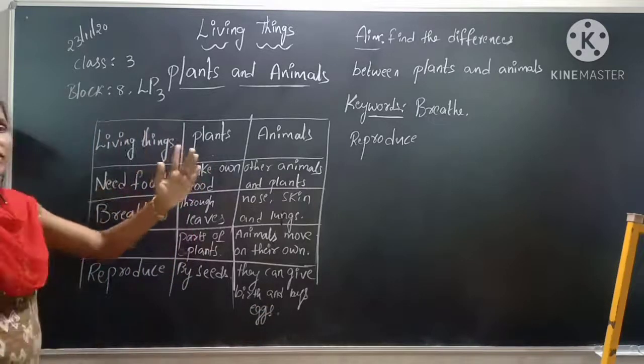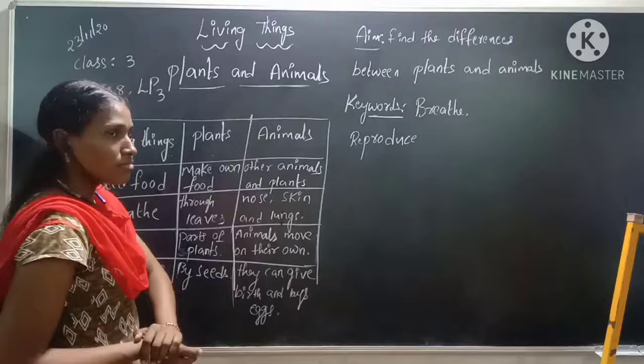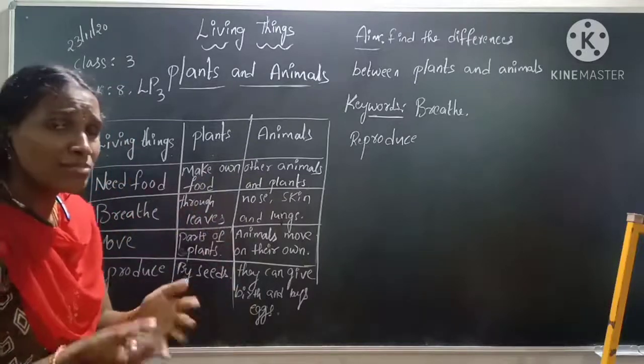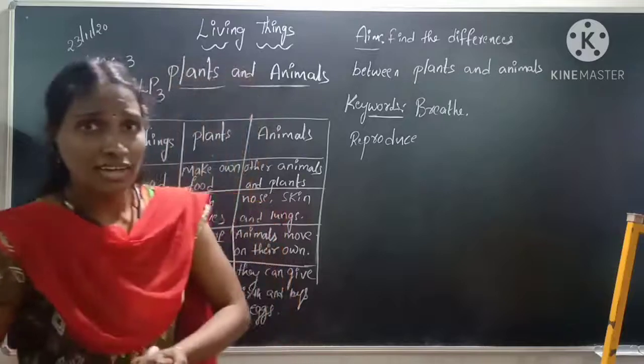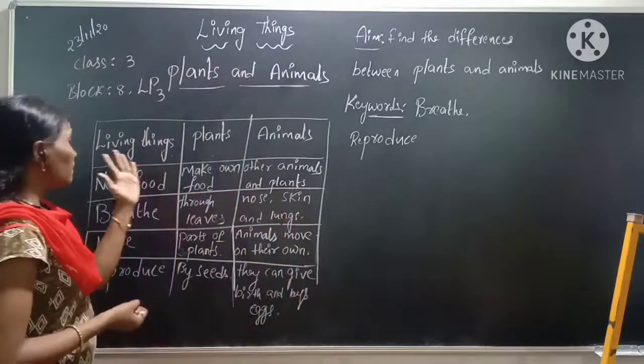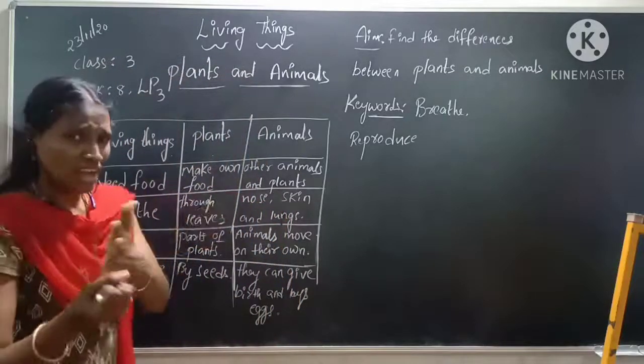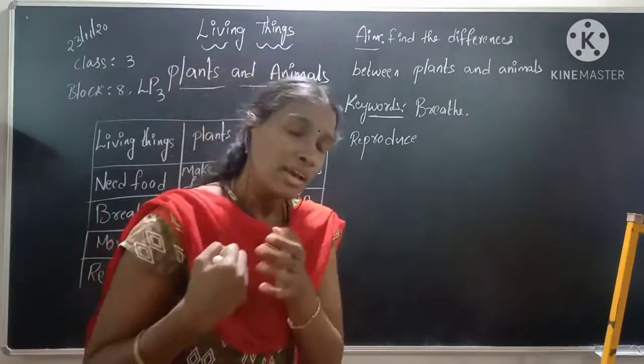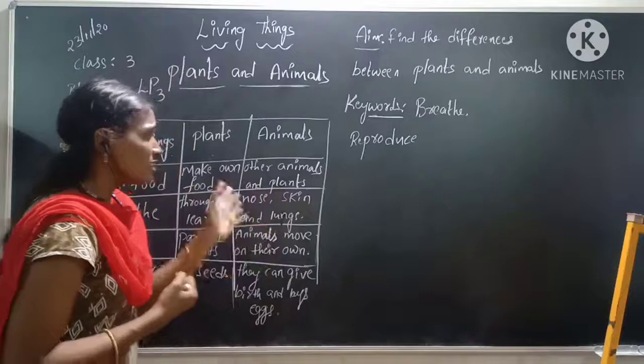These are the differences between plants and animals. Both are living things only, but plants and animals are different. Plants cannot move from one place to another place, only parts of some plants can move. Okay, children, these are the differences.